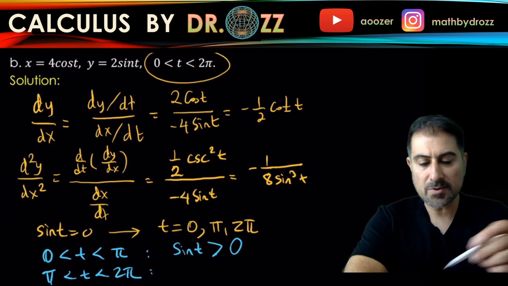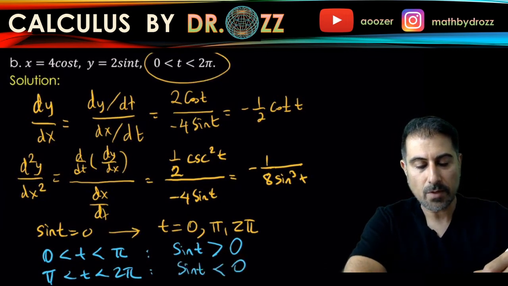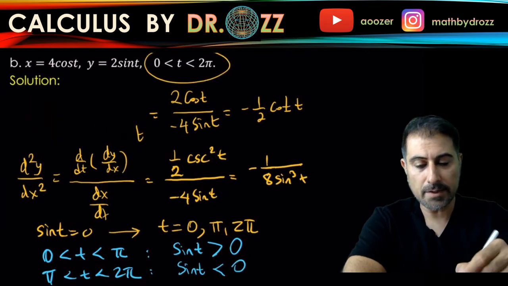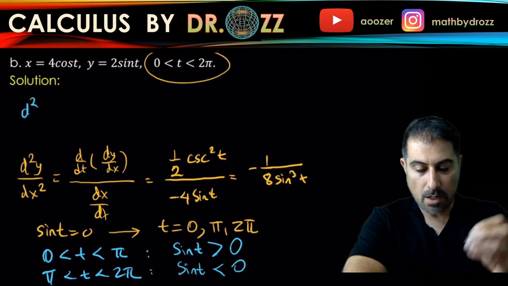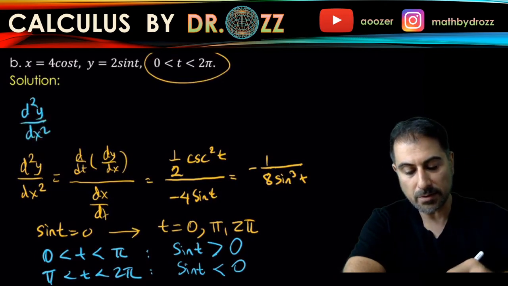By using the same strategy, we can determine the sign of the second derivative on these intervals. Let me erase this so we can have more space.